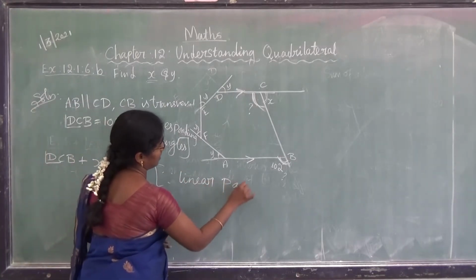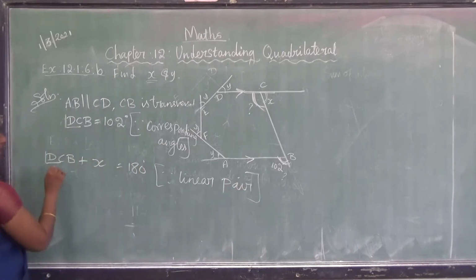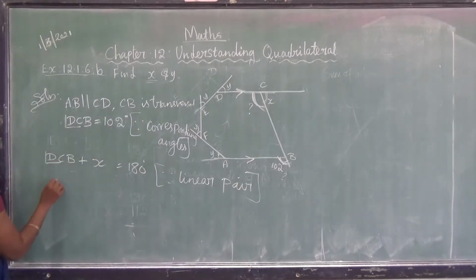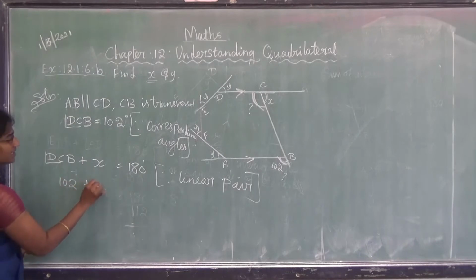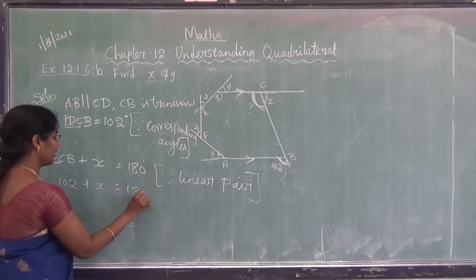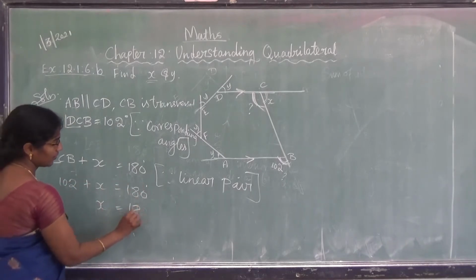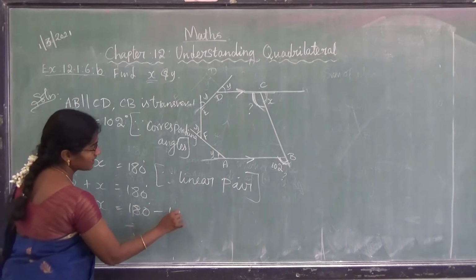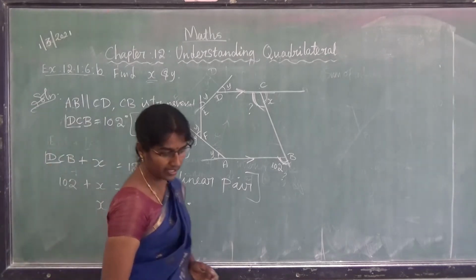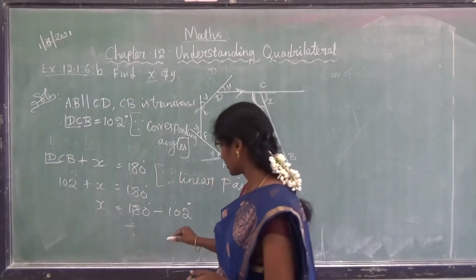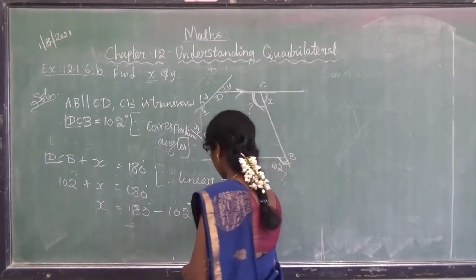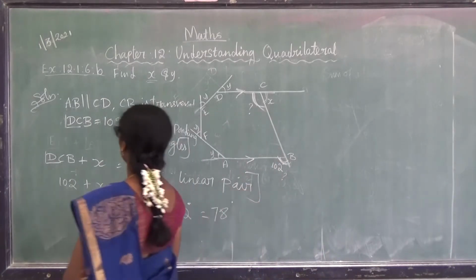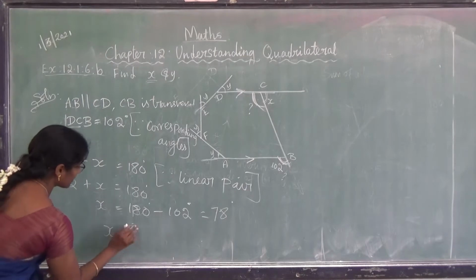Now DCB we found, so 180 minus 102 degrees. If we subtract 180 minus 102, it is 78 degrees. So now we found the value for x.